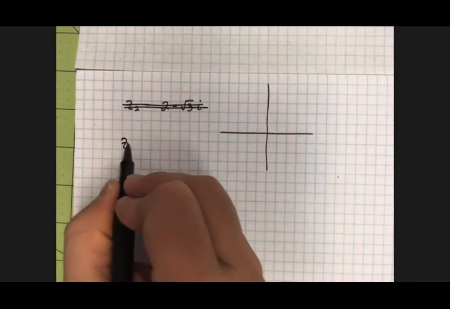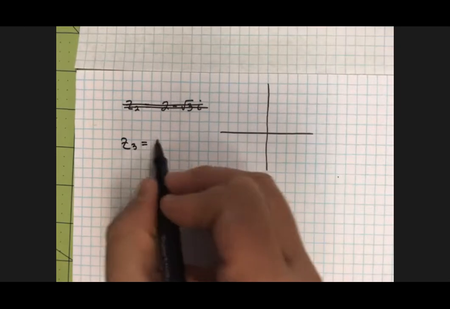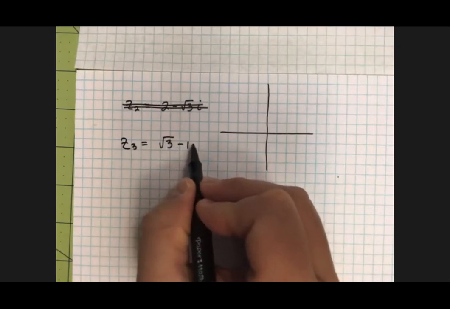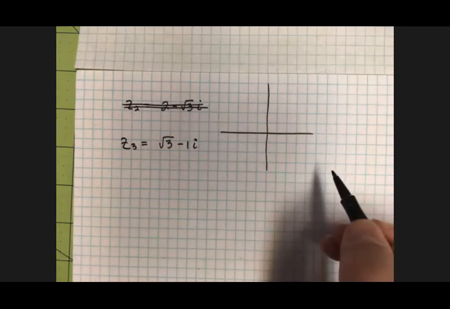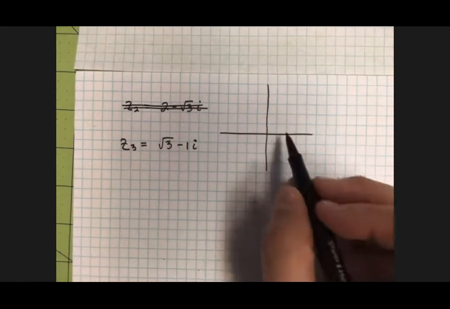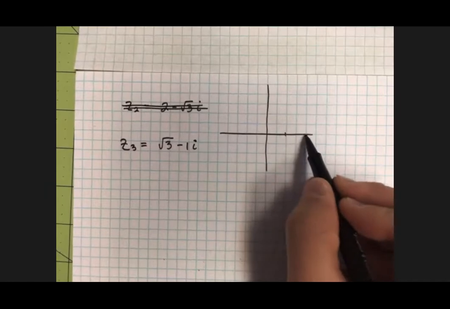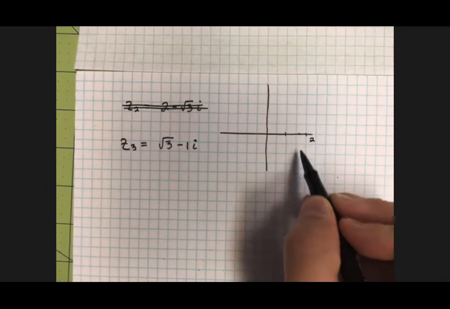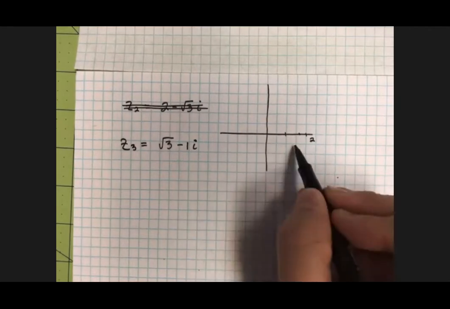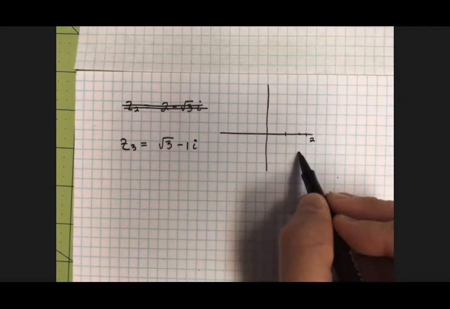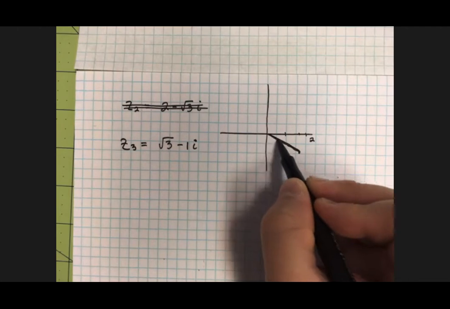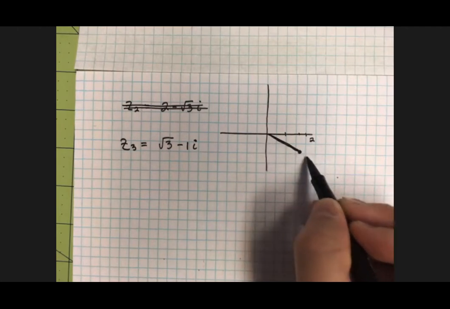How about Z3, or just Z for that matter, is root 3 minus 1i. Okay, where is that? Root 3, let's say this is 2, is about 1.7-ish. Down 1, would be down here, like that. There's a point Z3.